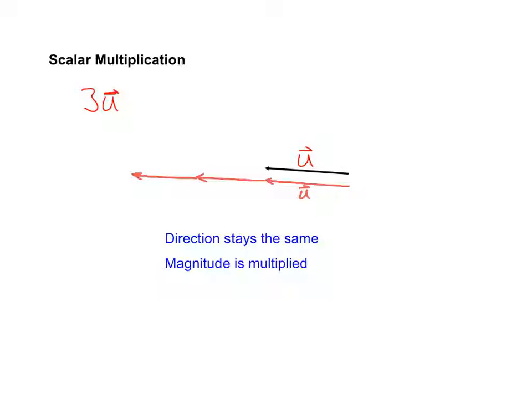So there's u plus u plus u, and that would give me 3u. Now notice here the direction stays the same, but the magnitude obviously gets multiplied by whatever the constant is. Okay?